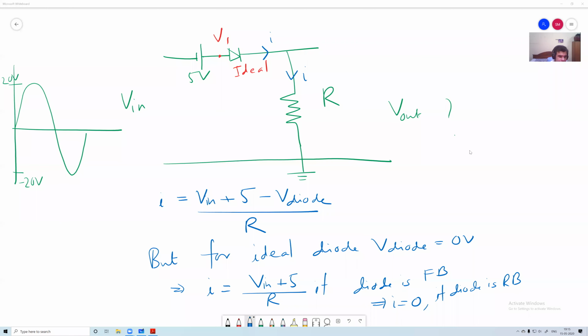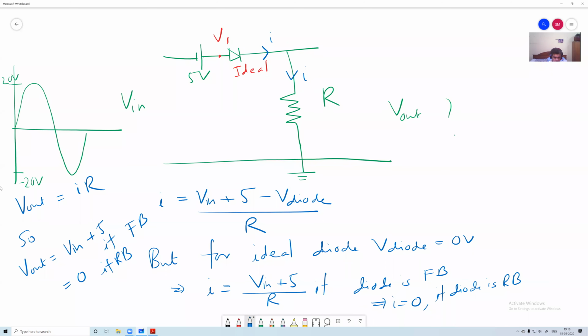Now what is V out? V out is obviously I times R. So V out equal to V in plus 5 if forward bias, equal to 0 if reverse bias. Agreed? Right?